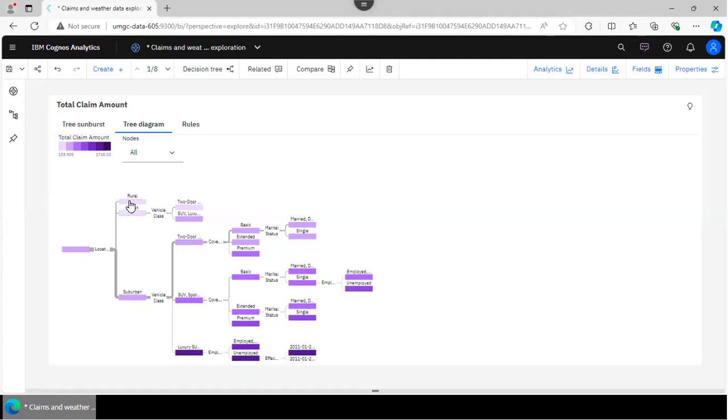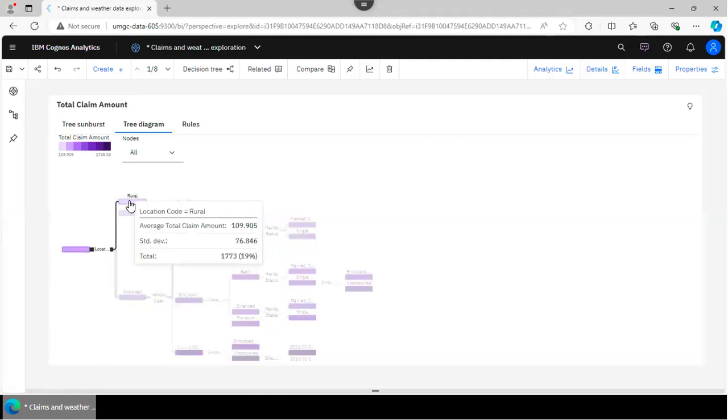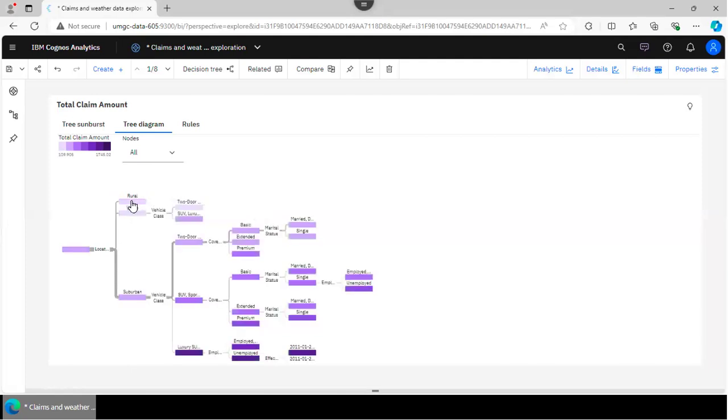Here location code is rural and the records that fall into that node have an average claim amount of $109, right? And I see the standard deviation and I see that this applies to 19% of data. So for the rural location, I reach the end.